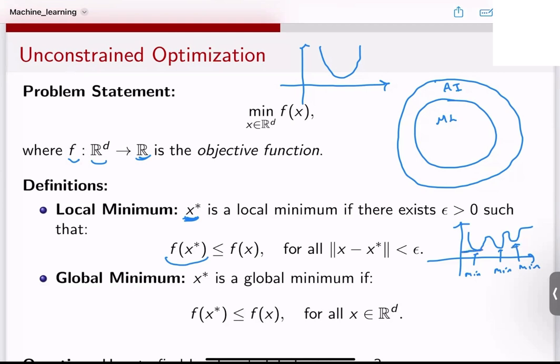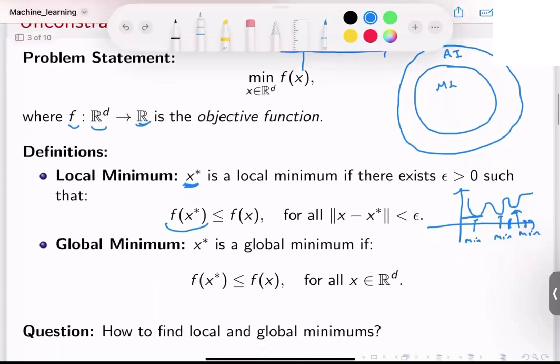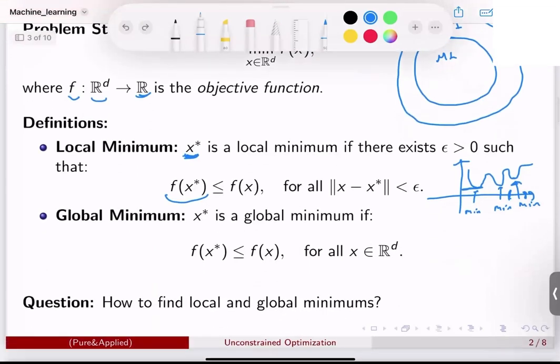But this point is not a global min, it's a local min, right? Because if we look around that point, we see that it takes the smallest value in a neighborhood of that point, among the values taken here. I hope this is clear and reminds you of your calculus course.